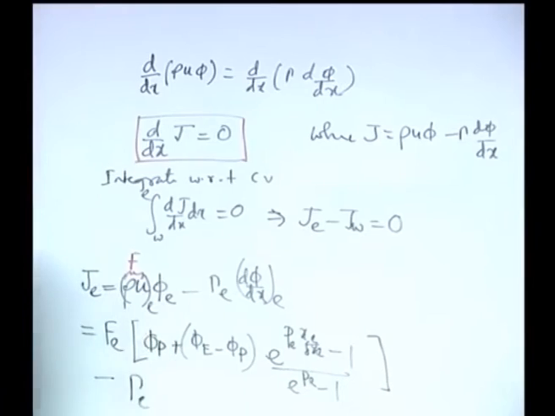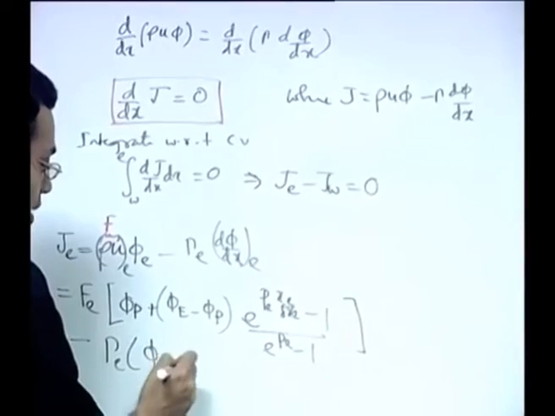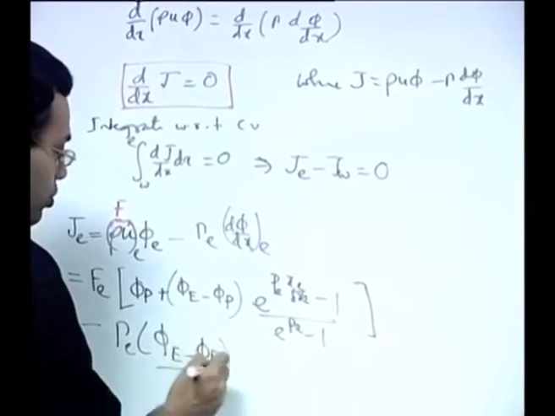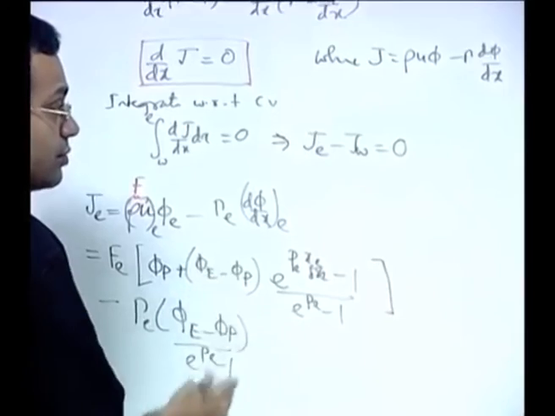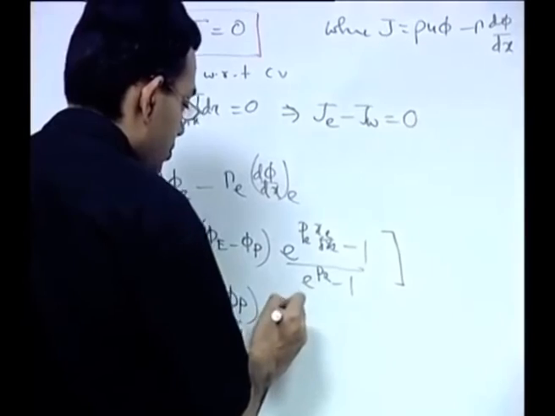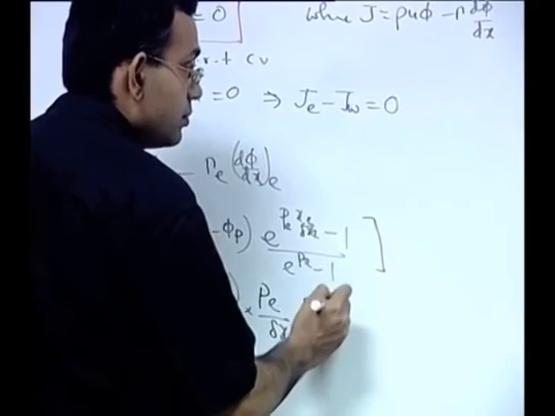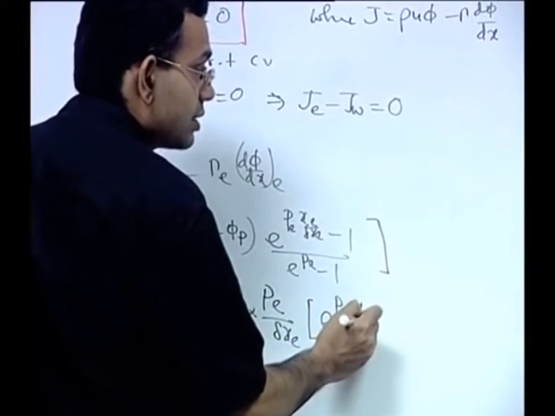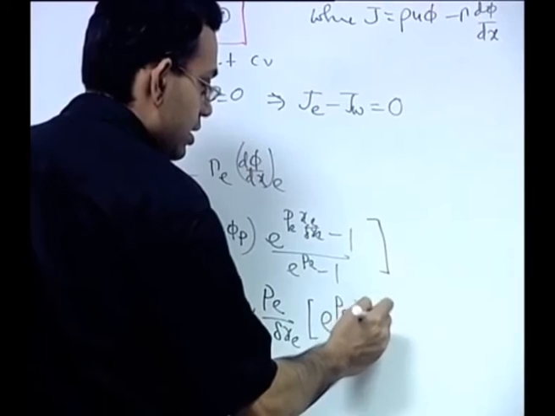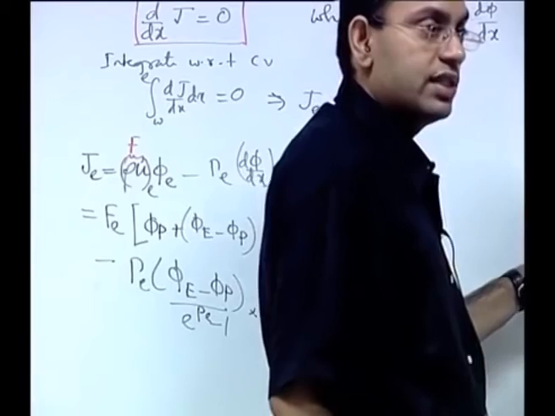Minus gamma e d phi dx is, first you take the common part, phi e minus phi p by e to the power p e minus 1 into p e by delta x e, e to the power p x by delta x e at x equal to x e. So, we differentiate this and substitute x equal to x e.